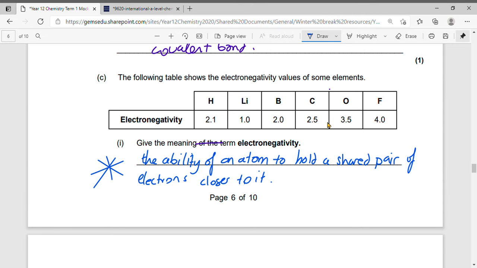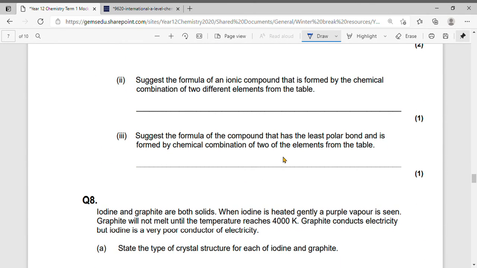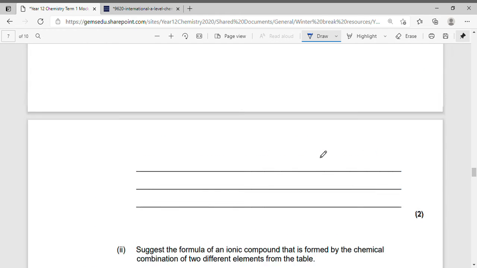We're going to check this sometime. Suggest the formula of an ionic compound that is formed by the chemical combination of two different elements from the table. The table above. Okay.